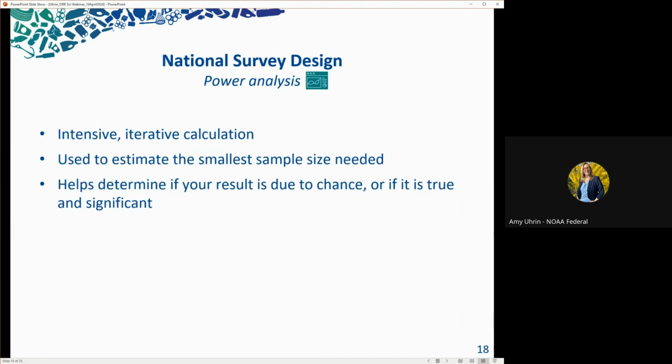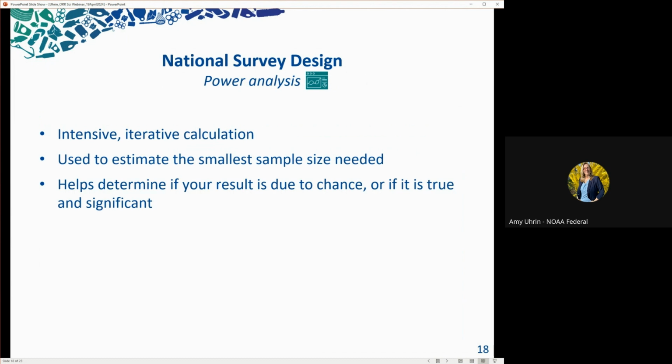So to do this, we performed, I should say Wes performed with our input, a power analysis. Unfortunately, it's really well beyond the scope of this presentation to give a primer on power analysis, but it's an intensive, iterative calculation, and you use it to estimate the smallest sample size that you need to determine if the result of your particular model or statistical test is due to chance, or if it's a true result and if it's significant.